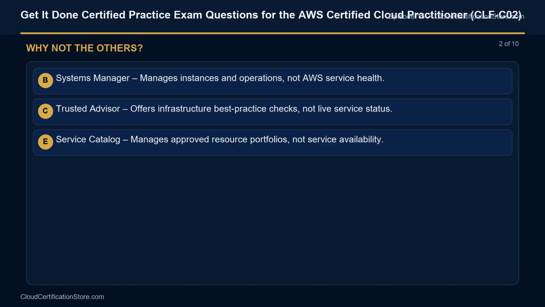Systems Manager manages instances and operations, not AWS service health. Why not option C? Trusted Advisor offers infrastructure best practice checks, not live service status. Why not option E? Service Catalog manages approved resource portfolios, not service availability.